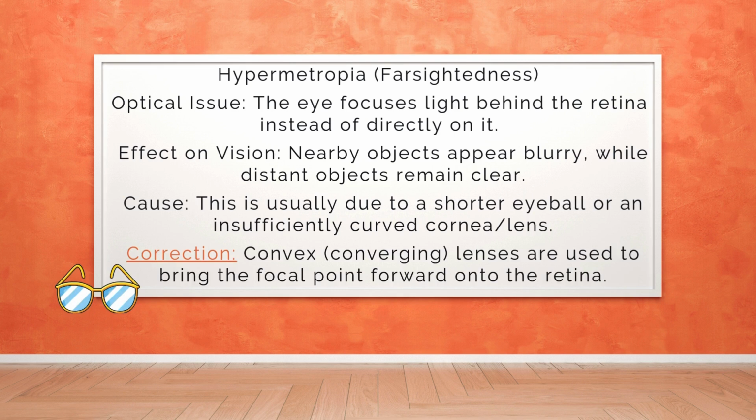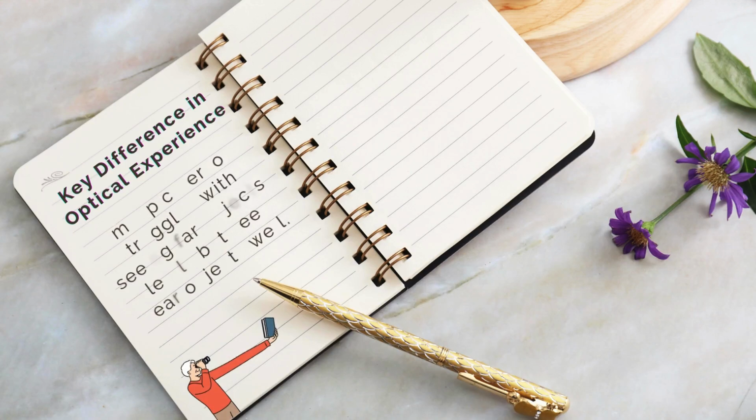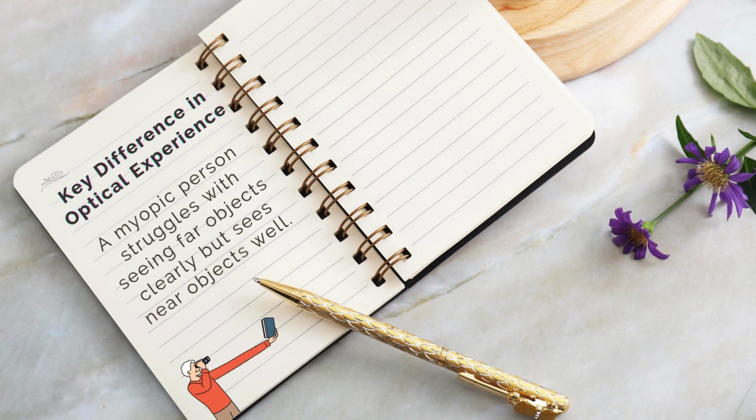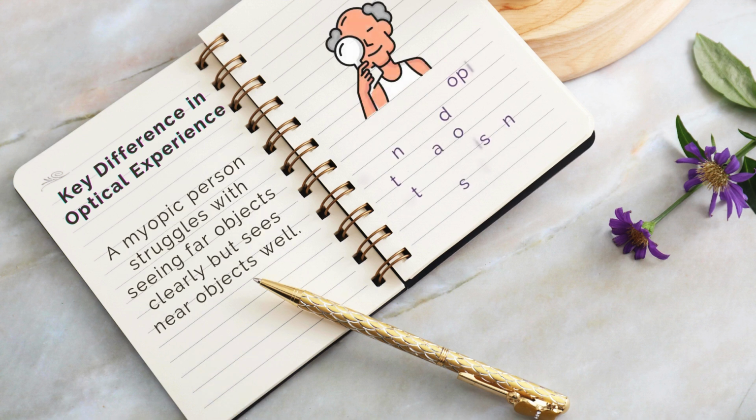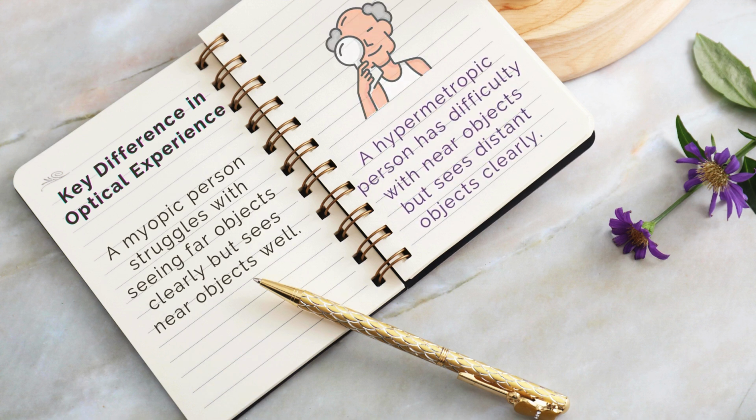Convex lenses are used to bring the focal point forward onto the retina. So, the key difference is that a myopic person struggles with seeing far objects clearly but sees near objects well, whereas a hypermetropic person has difficulty with near objects but sees distant objects clearly.